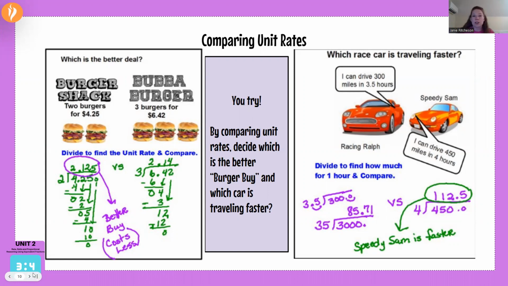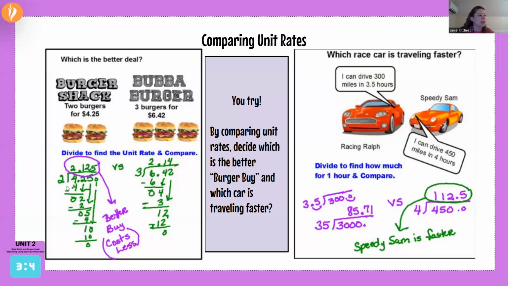All right, so you are going to be comparing prices like I said. For example, at the Burger Shack, you can buy 2 hamburgers for $4.25. Or at Bubba Burgers, you can buy the same type of hamburger, 3 of them for $6.42. So in order to compare them and find the best rate, or the better deal, you are going to divide the price.